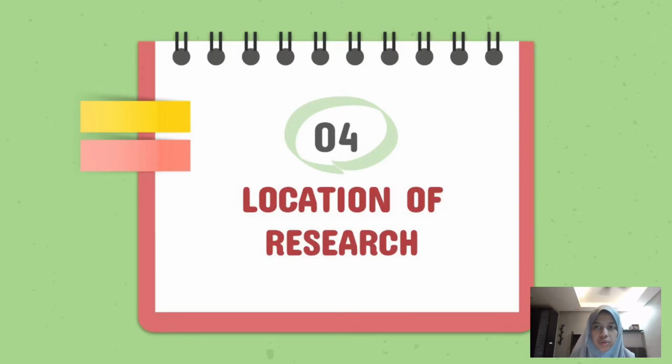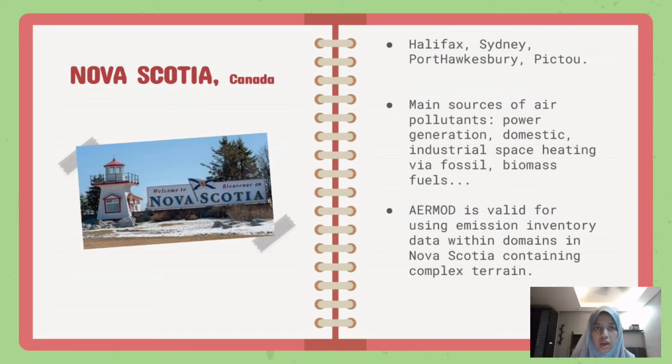Today I'm going to present about the location of the research. AERMOD was used to model the air dispersion of point and major line emissions of particulate matter 2.5 in Halifax and Pictou, nitrogen dioxide in Halifax, and sulfur dioxide in Halifax, Sydney, and Port Hawkesbury in Nova Scotia, Canada.